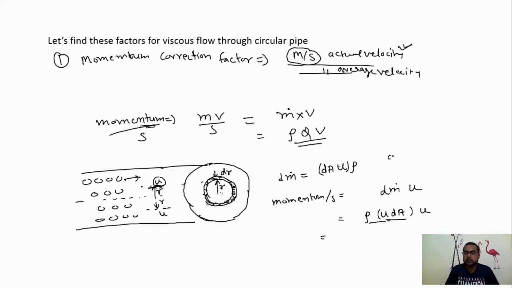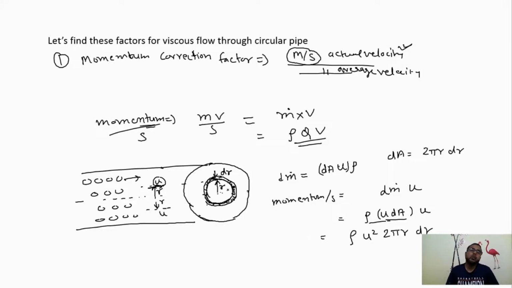And dA is 2 pi r dr. So it is rho u square 2 pi r dr. This is only for this small ring.